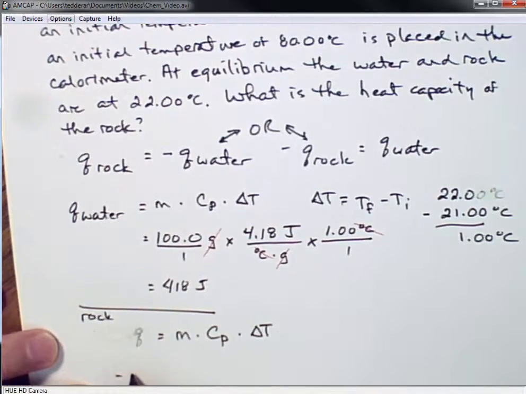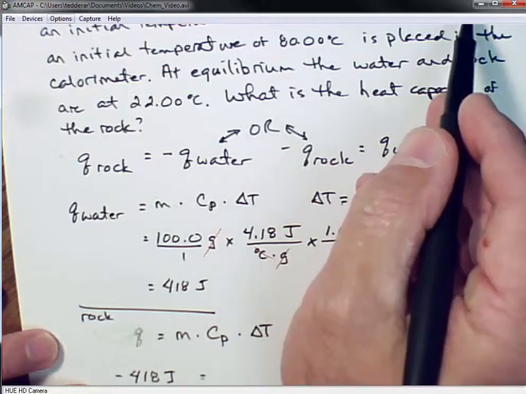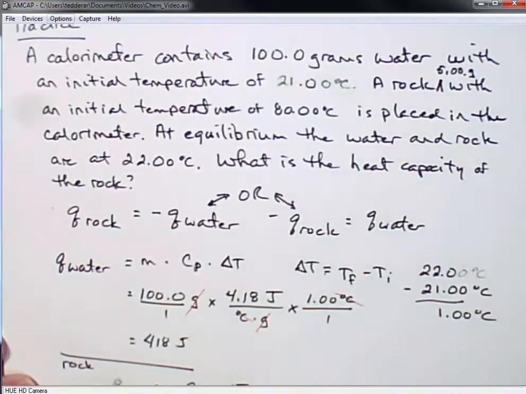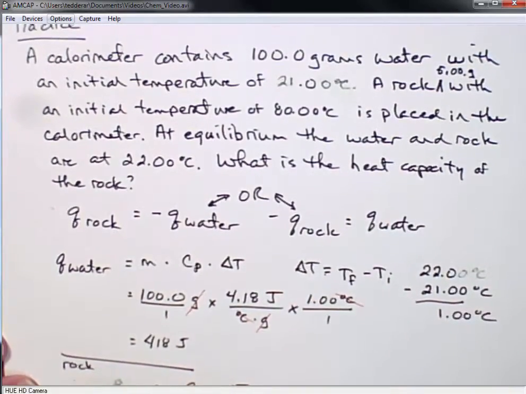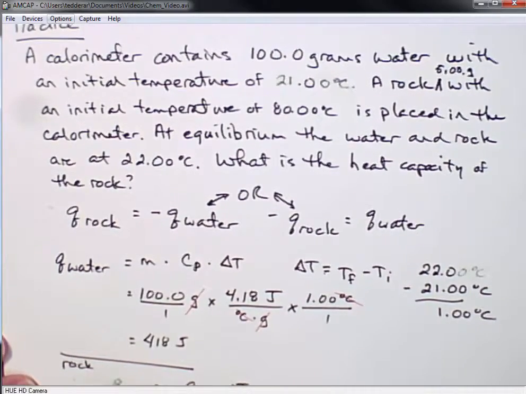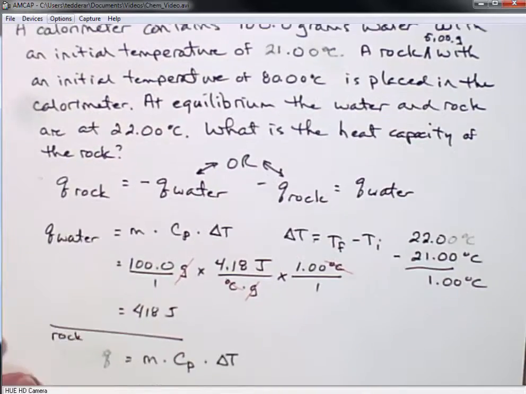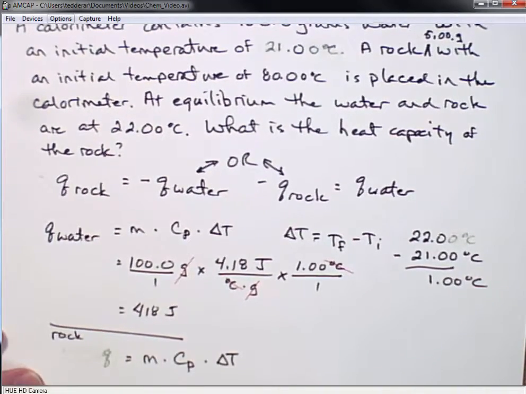So we're going to plug it in now: negative 418 joules equals the mass of the rock, which is 5 grams. The specific heat we don't know. And the change in temperature for the rock we have to calculate.